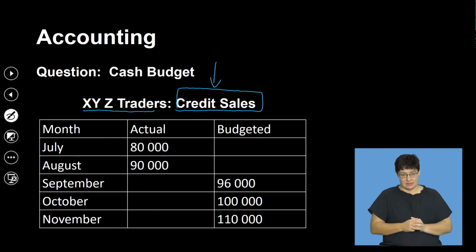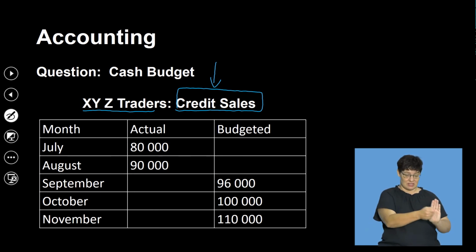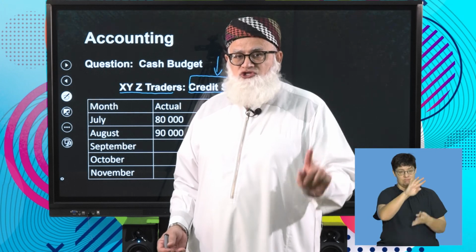So, if you are given total sales, then make sure you convert or you calculate the component of that sale which is on credit. In this particular example, we are given the credit sale, so there's nothing to change because that is what you need to draw up your debtors collection schedule.